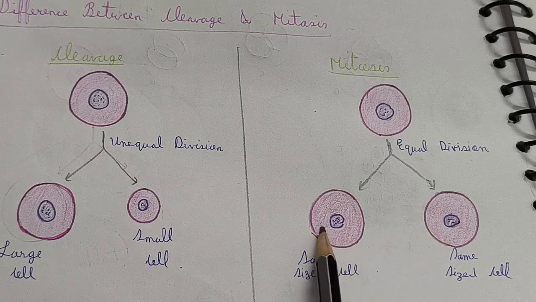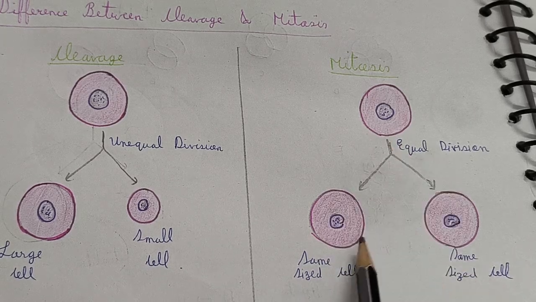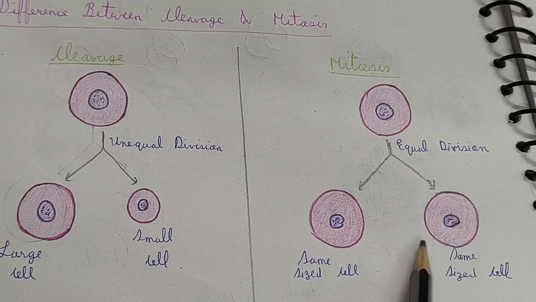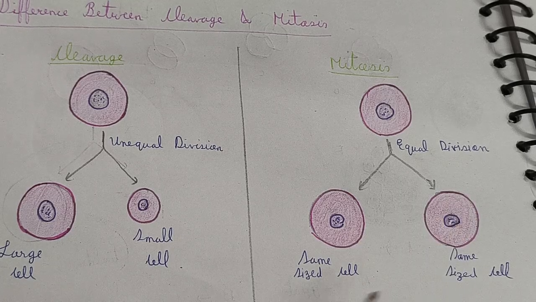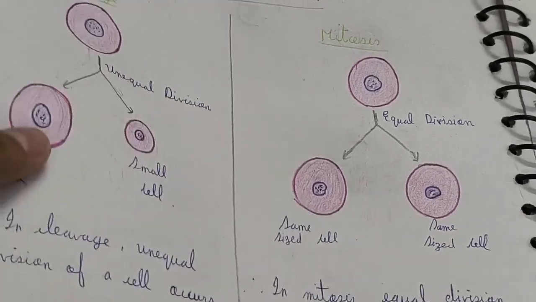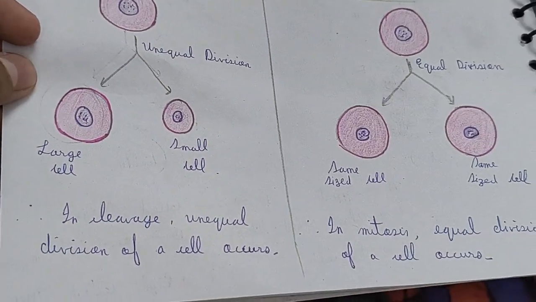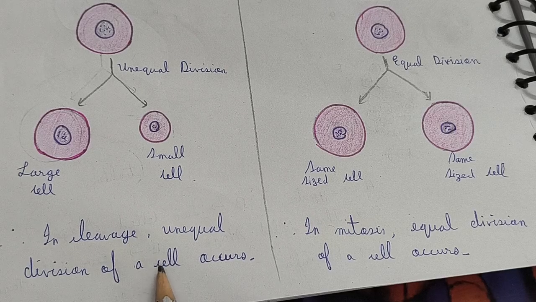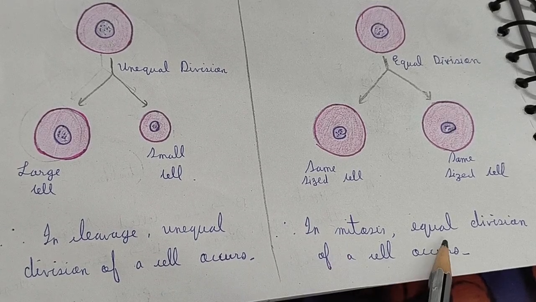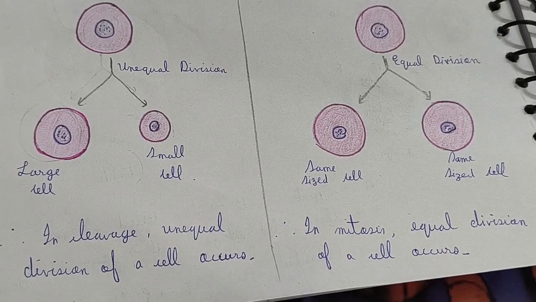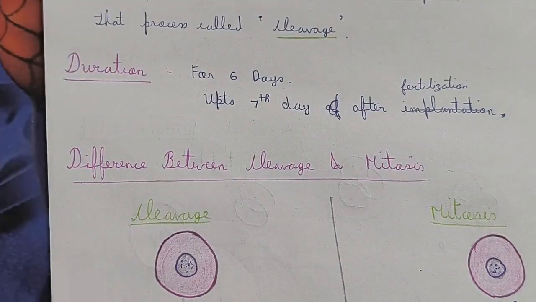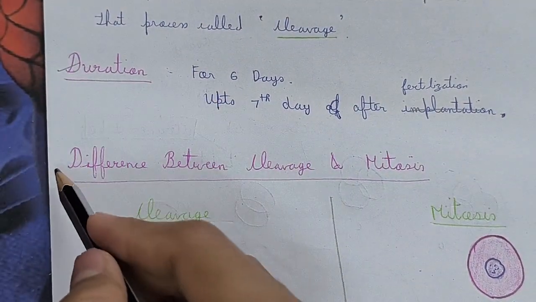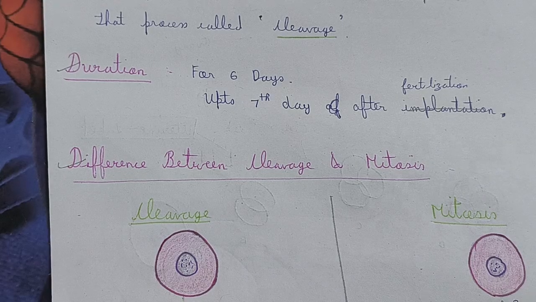But in mitosis, equal division occurs and all the cells formed are of equal size. This is the main difference: in cleavage unequal division of a cell occurs, but in mitosis equal division of a cell occurs. So the duration of cleavage and the difference between cleavage and mitosis are clear.